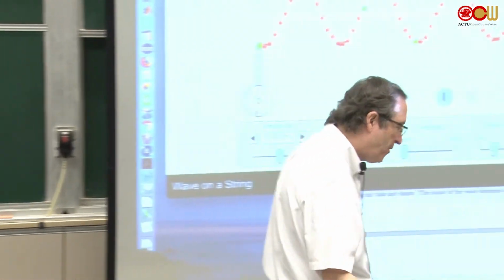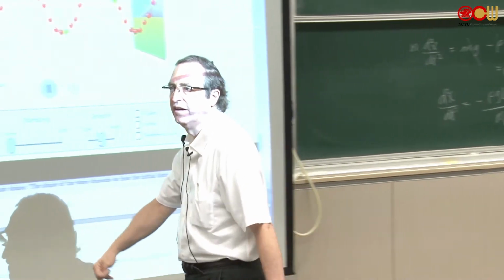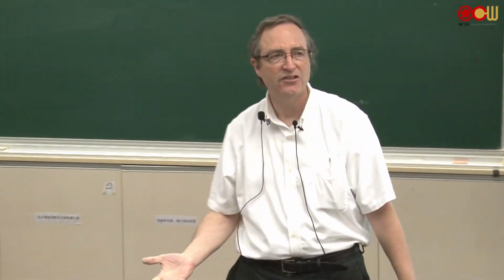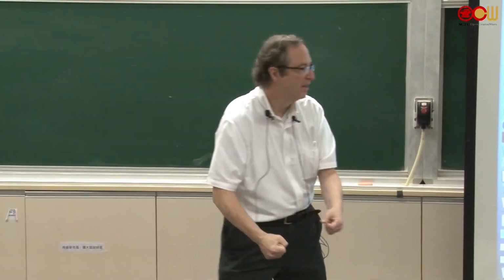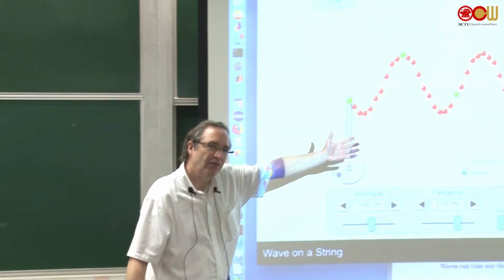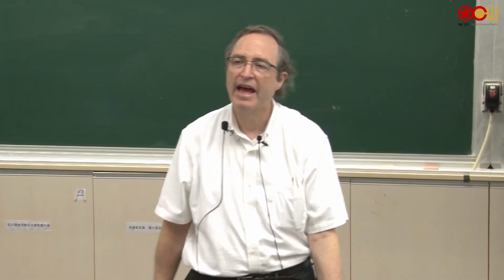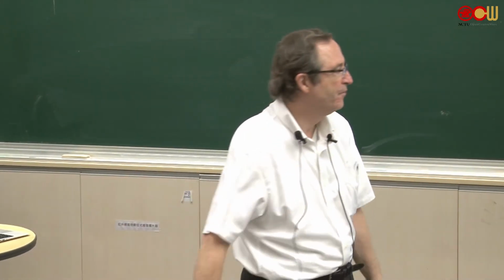I don't know if you remember when I first started teaching here, I told you that a lot of physics is about translations. Translations between the phenomena, pictures of the phenomena, mathematics, and language itself, English or Chinese, for example. Okay?